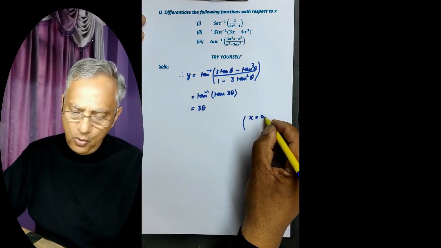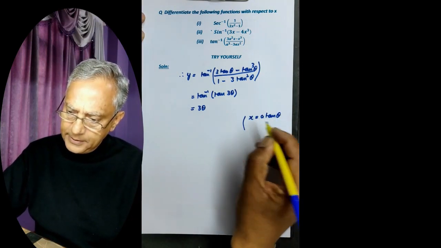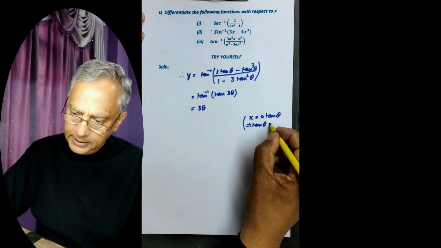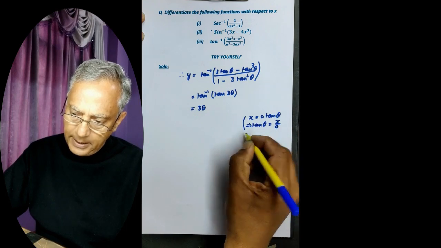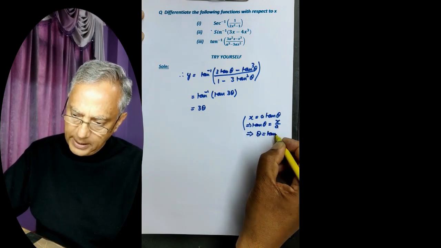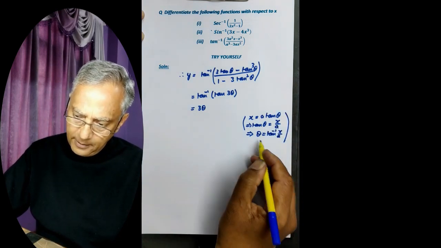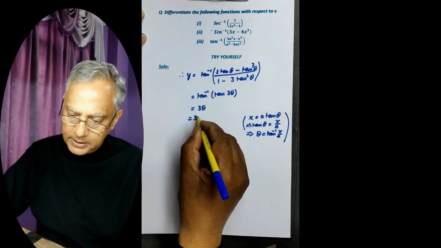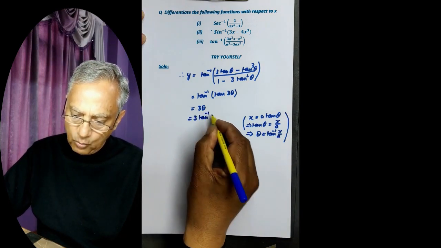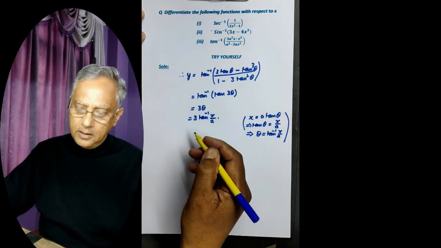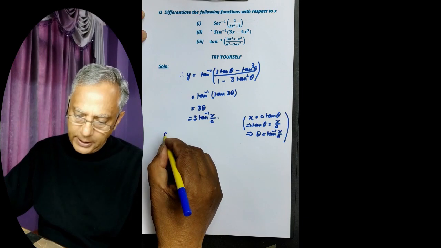We substituted x equal to a tangent theta, and this implies tangent of theta is equal to x by a, and this implies theta is equal to tan inverse x by a. So this is equal to 3 tan inverse x by a. Now we differentiate both sides.